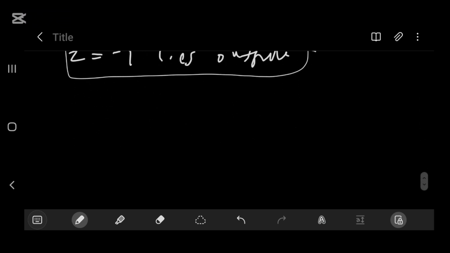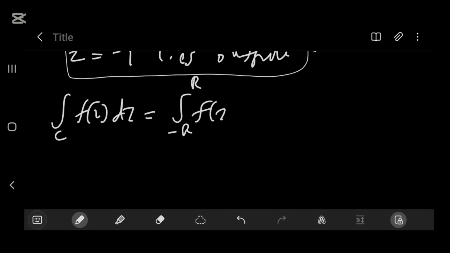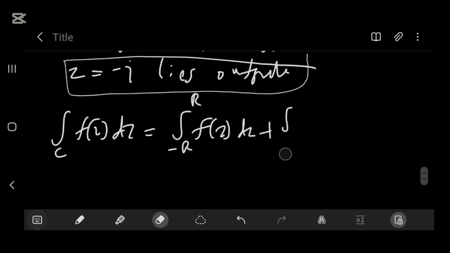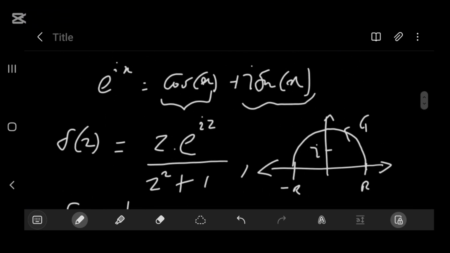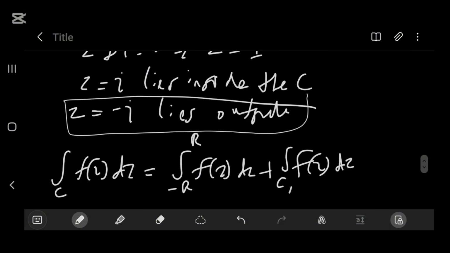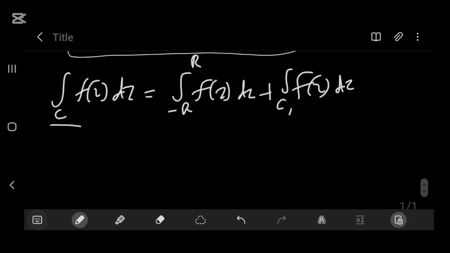So we have the contour integral of f of z dz equals the integral from negative R to R of f of z dz plus the curve integral, which I'll name C1, of f of z dz. This C means the contour, and this is the curve we have there.